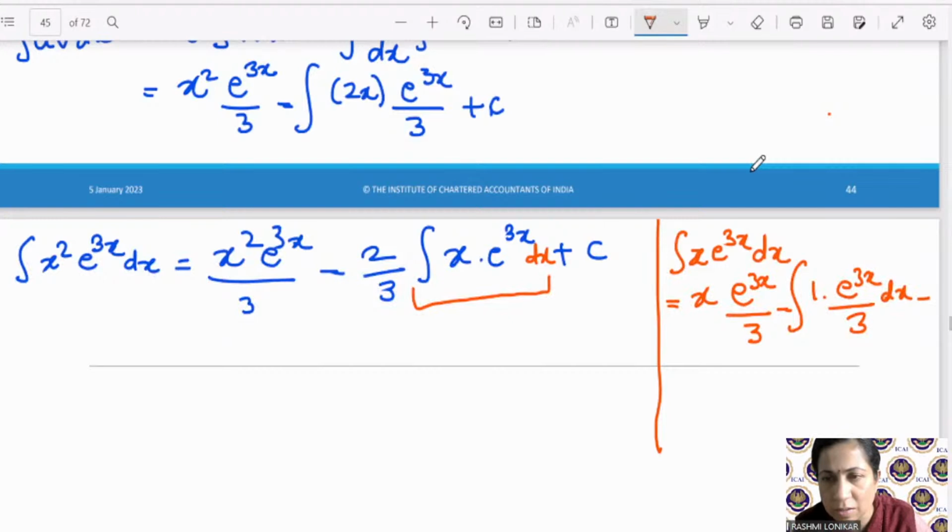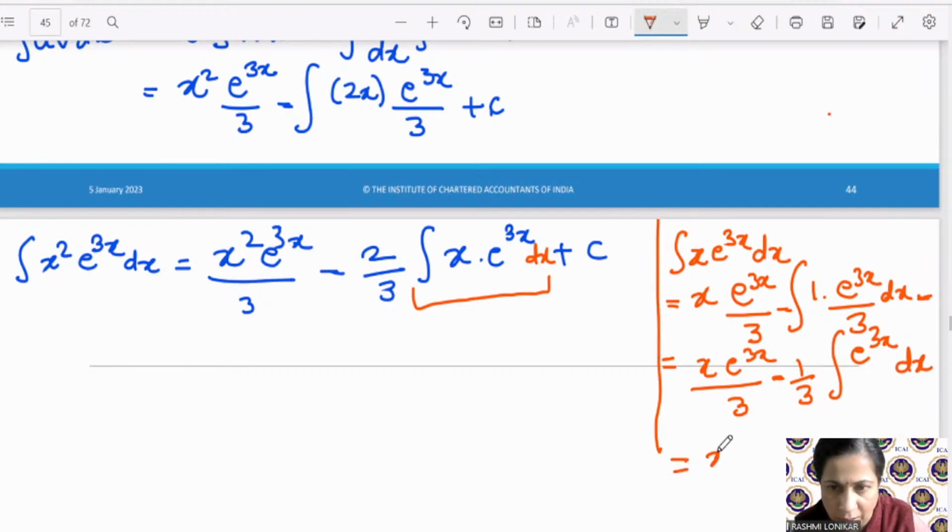So this is equal to x e raised to 3x upon 3 minus 1 upon 3 integral of e raised to 3x dx, which is x e raised to 3x upon 3 minus 1 upon 3 into e raised to 3x upon 3. So this is the integration of this, which I am going to substitute.